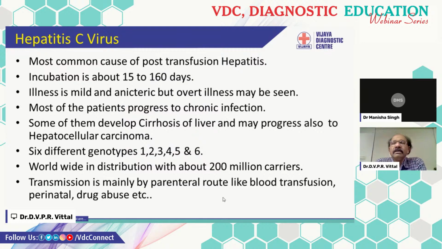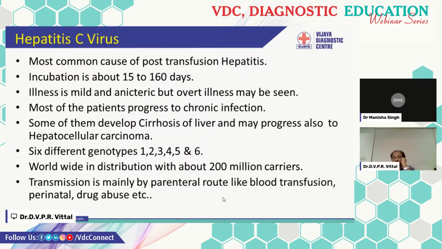And the most important part of the hepatitis viruses is again the chronicity. Most of these patients progress to chronic infection. Some of them develop cirrhosis, and a quarter of them also develop hepatocellular carcinoma. Now, the hepatitis C virus is a highly mutable virus, and there may be changes in the genotype.